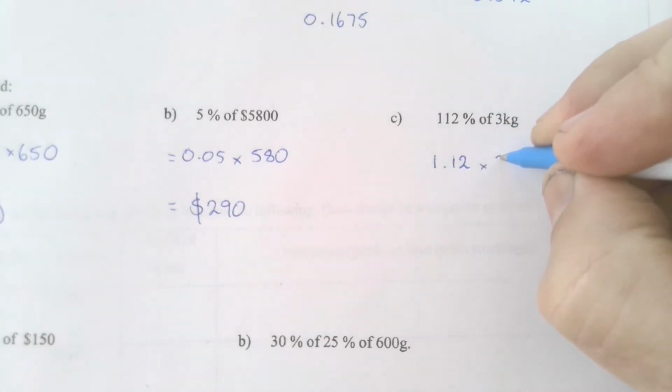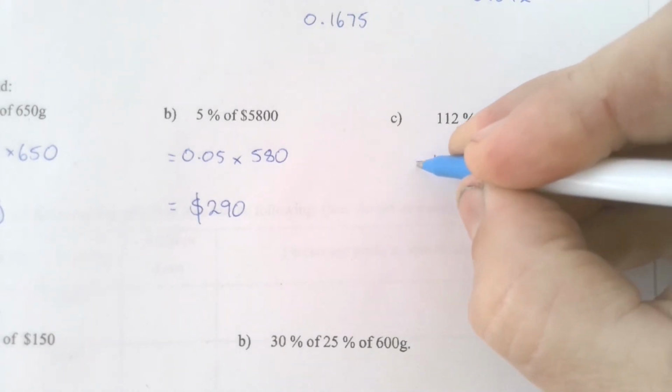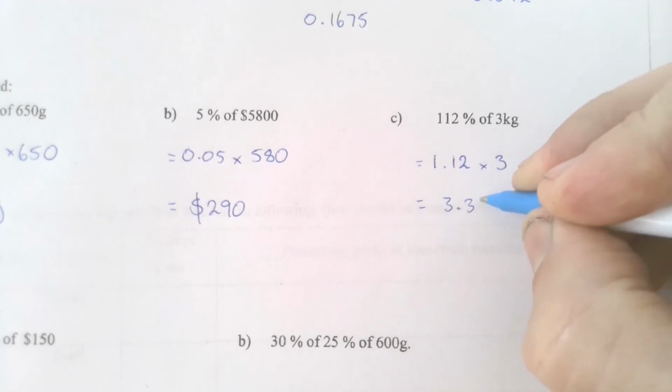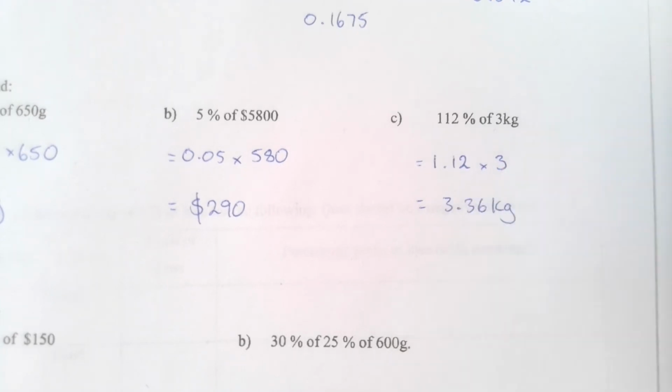Multiply that by 3 kilos, and you'll end up with 3.36 kilograms. Now what's really happening here, remember, is that it's saying you've got the original 3 and then you've got an additional 12% of the 3, okay? And that's where this answer comes from.